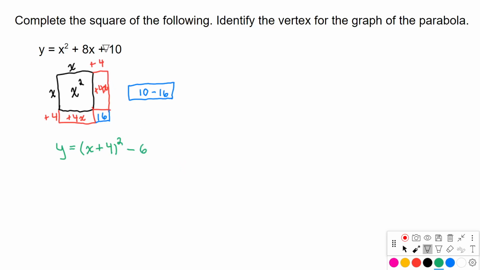Now that I have written this equation in vertex form, I can identify the vertex, and the vertex is going to be -4, because the horizontal change is going to be opposite what we have in the parentheses, -6. So our vertex is -4, -6.